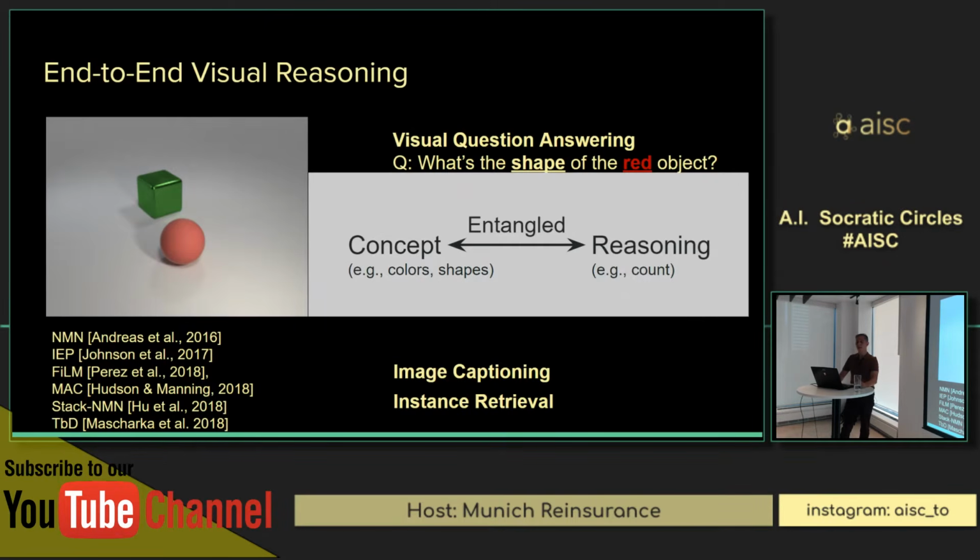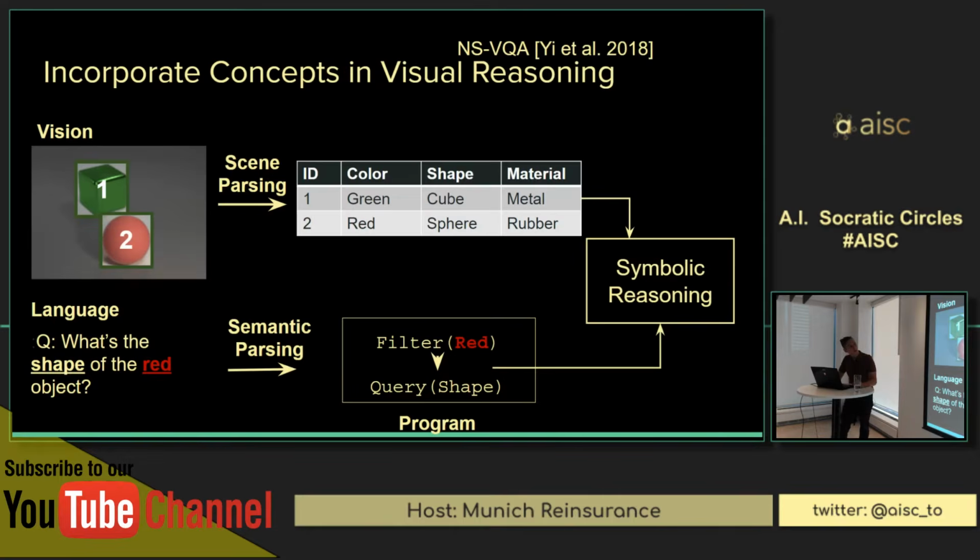In such an end-to-end design, concept learning and reasoning are entangled with each other, which results in the learned concepts not being easily transferable to other tasks, such as image captioning and image instance retrieval. There have been recent trials on incorporating explicit concepts of visual reasoning.